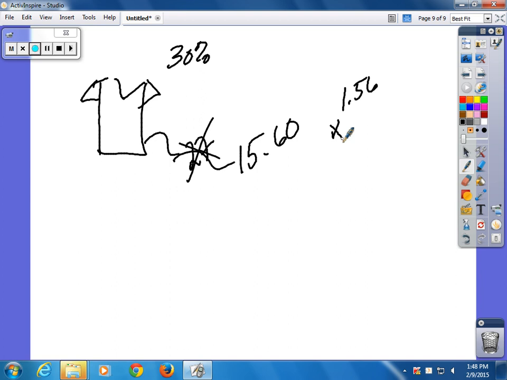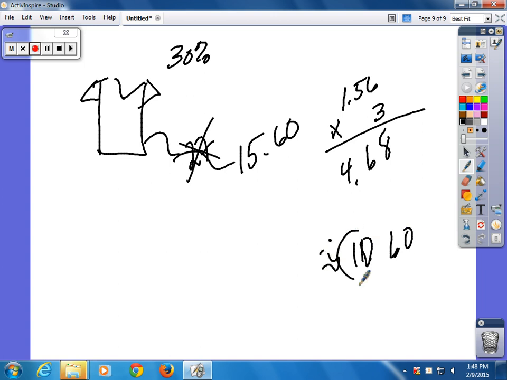So what do you do to 10% to get 30? Multiply by 3. That's $4.68 off, so it'll be around $11 or $10.60, somewhere around that. Of course, you're not trying to find out to the penny when you're just shopping. You're trying to find out how much you're spending. And that's how you find that out.